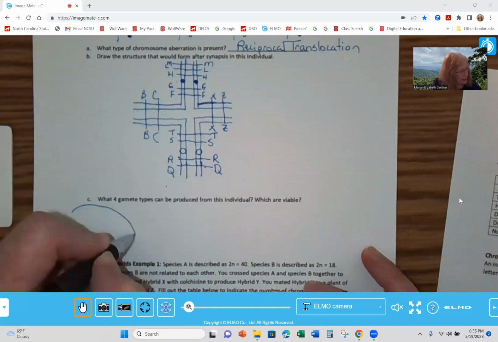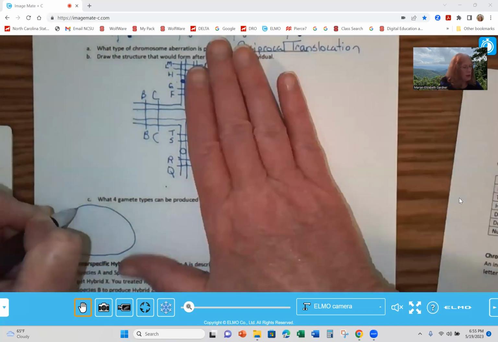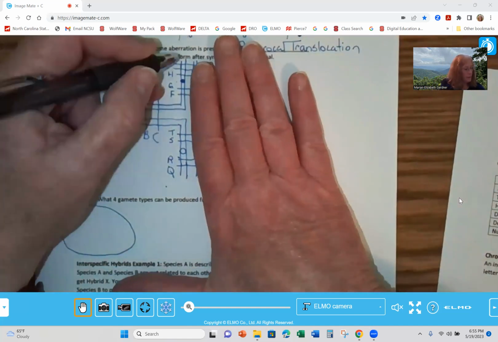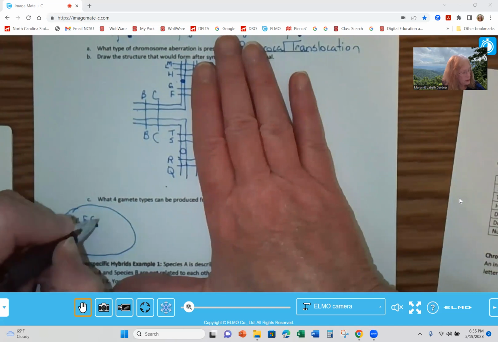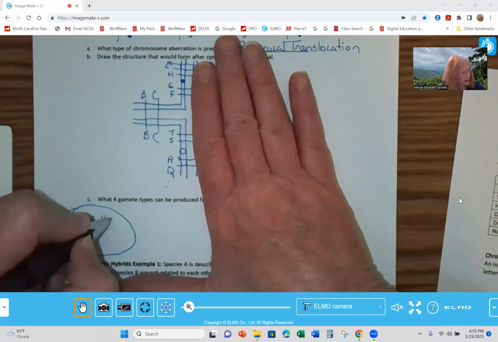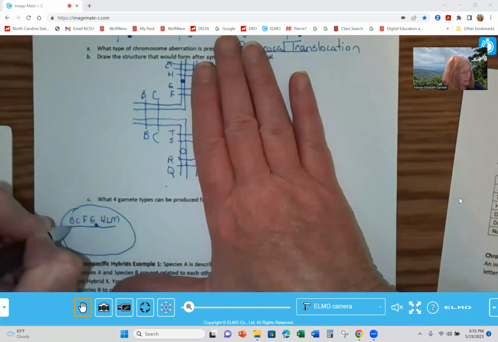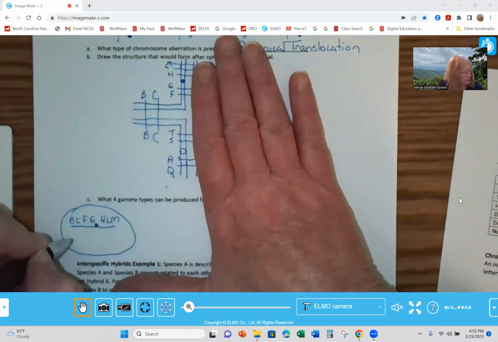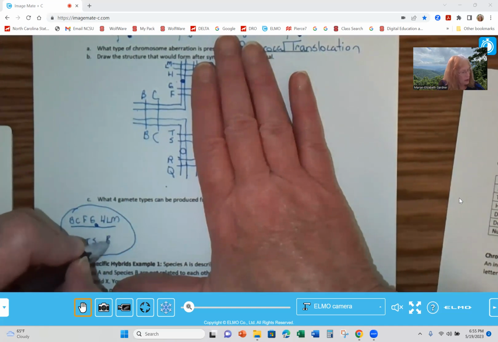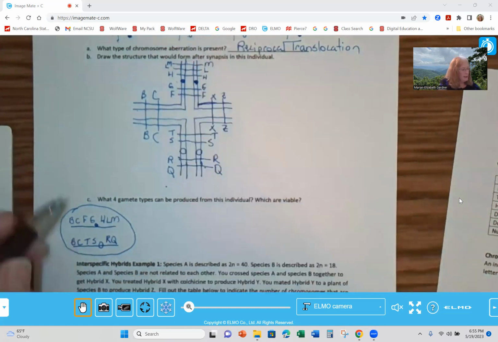So one of these gametes could have the chromosome on the left, B, C, F, G, closed centromere, H, L, M. And this other one on the left, B, C, T, S, open centromere, R, Q. Now look at these.